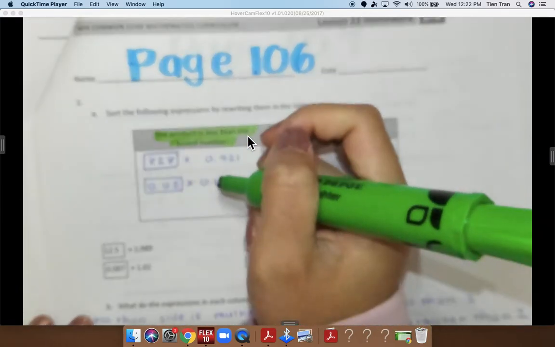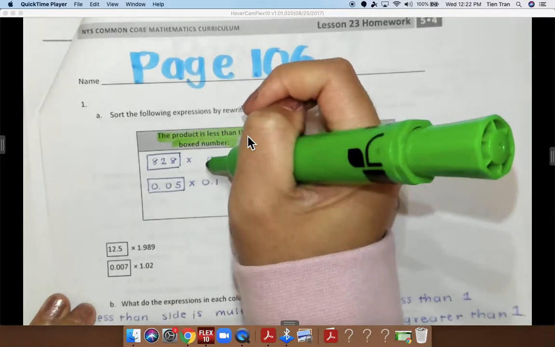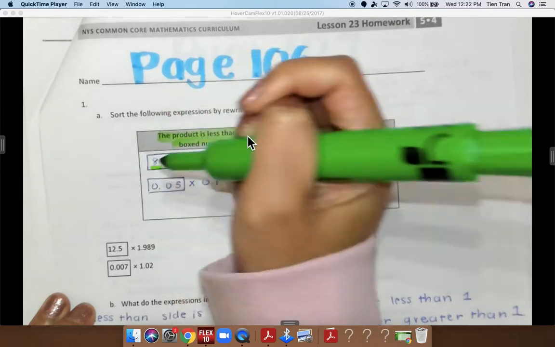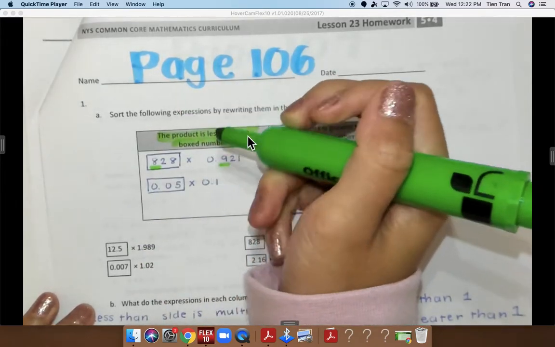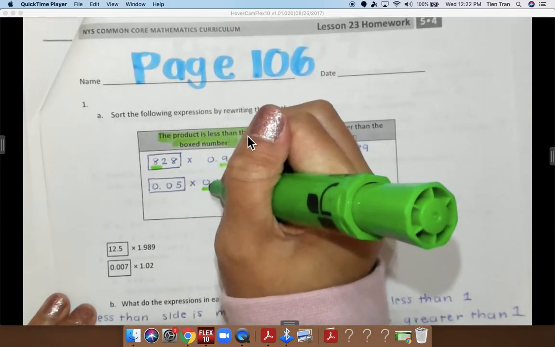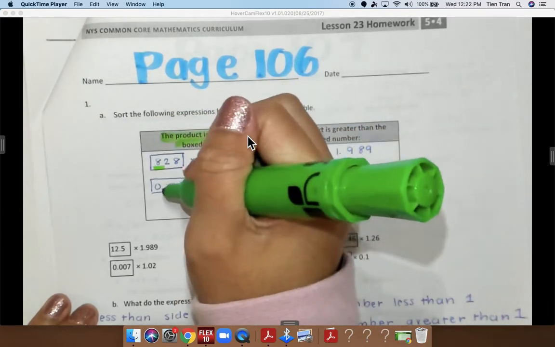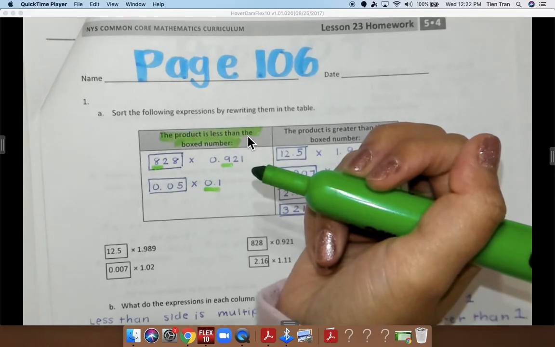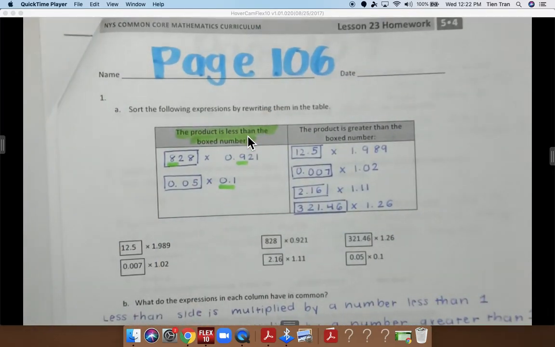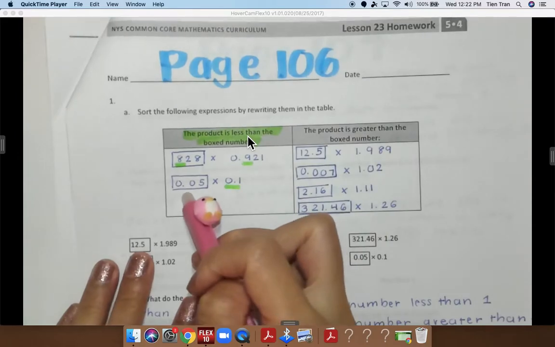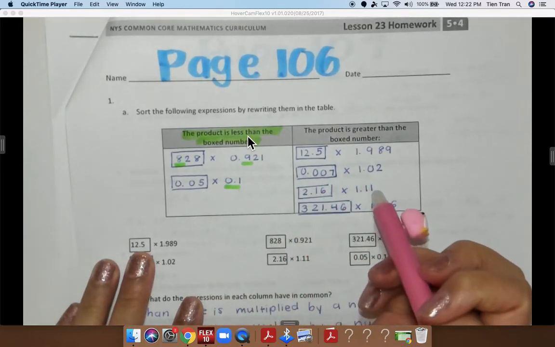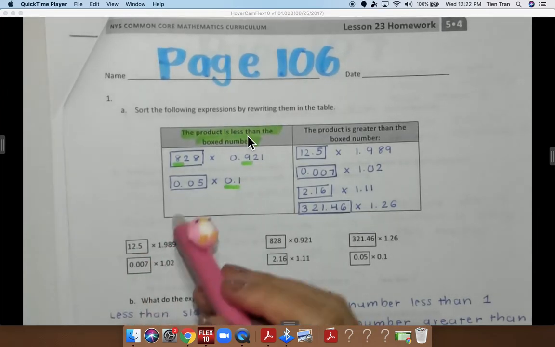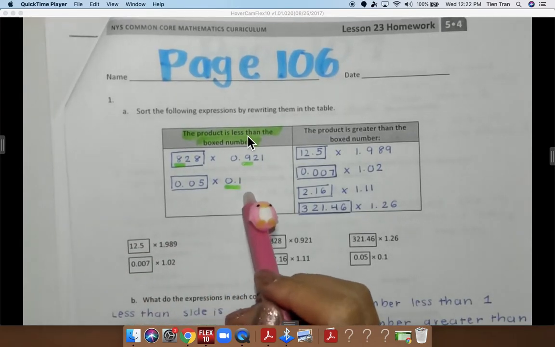I am looking at the number here. Notice that 0.9 is less than 828. Over here, we have 0.1 is less than 0.05. Oh, this one does not go here. 0.05 is more than, no, that's right, yeah, 0.05 is less than 0.01.